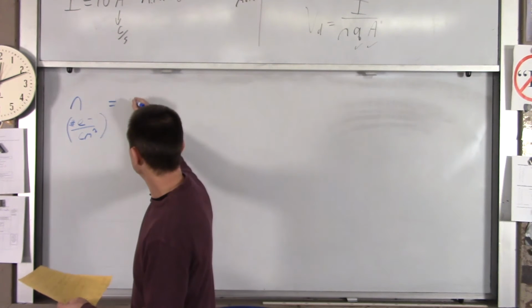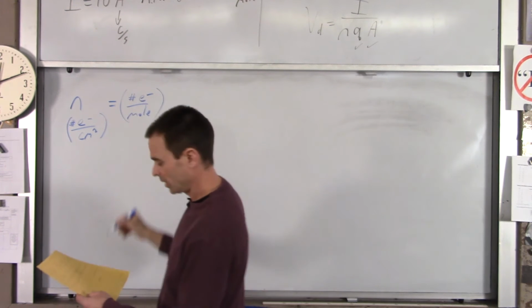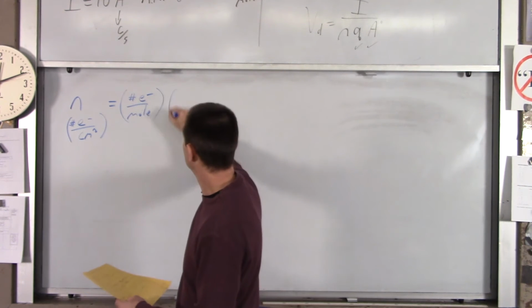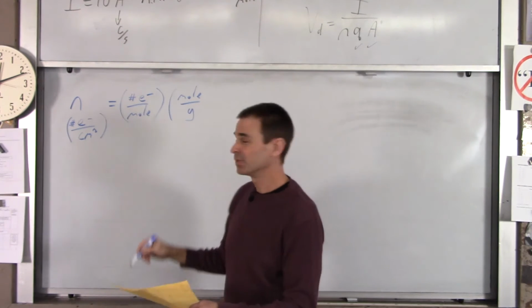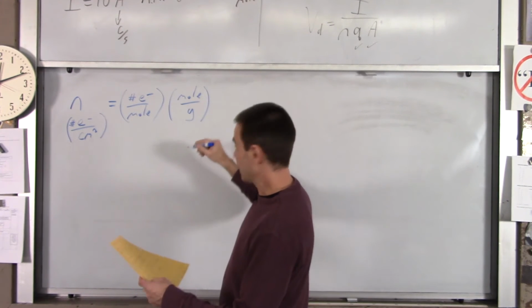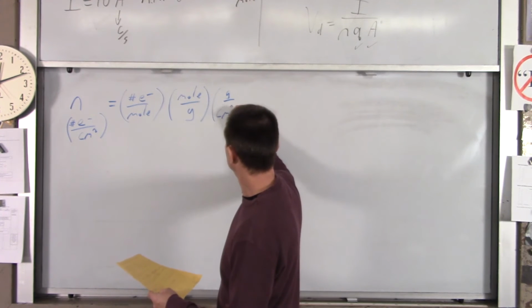We're going to take the number of electrons per mole, times the number of moles per gram, times the number of grams per centimeter cubed.